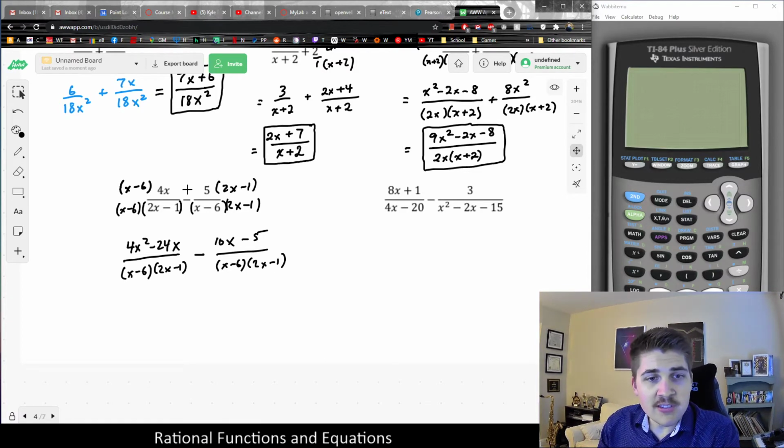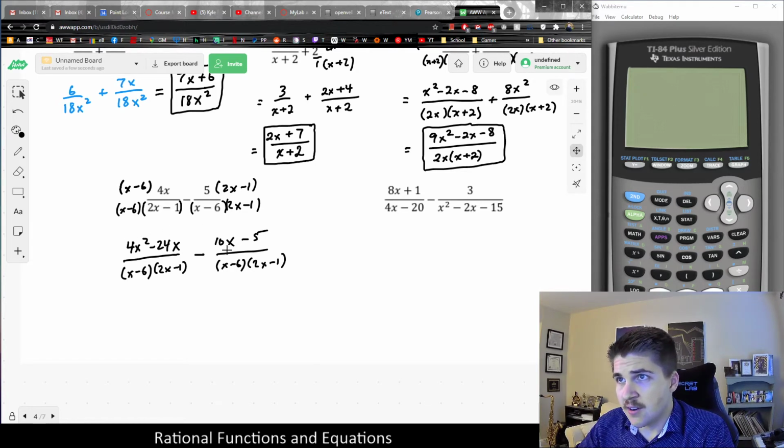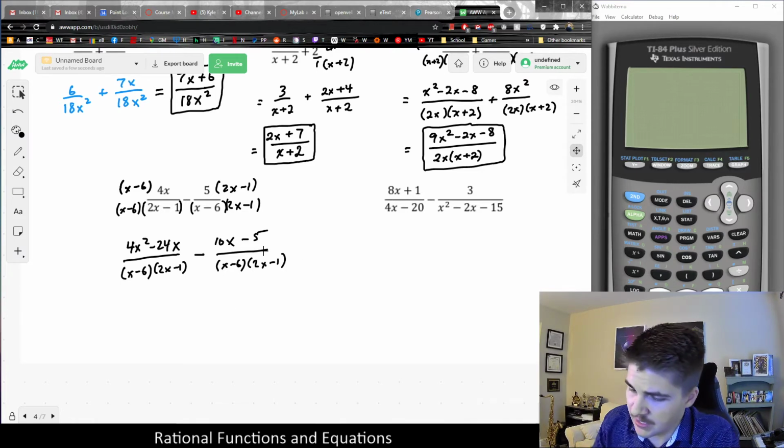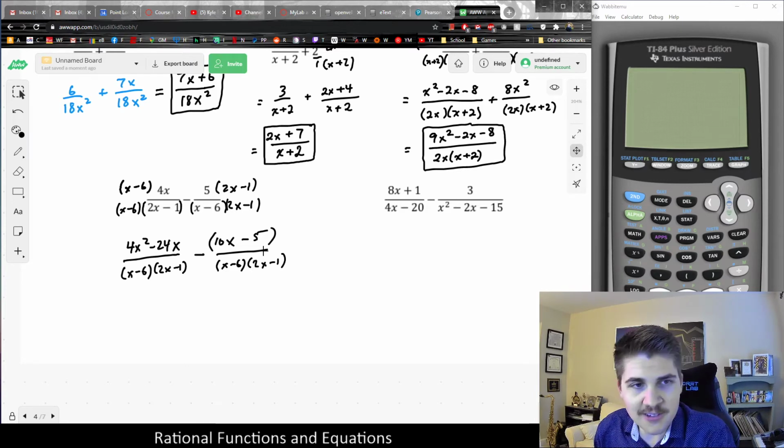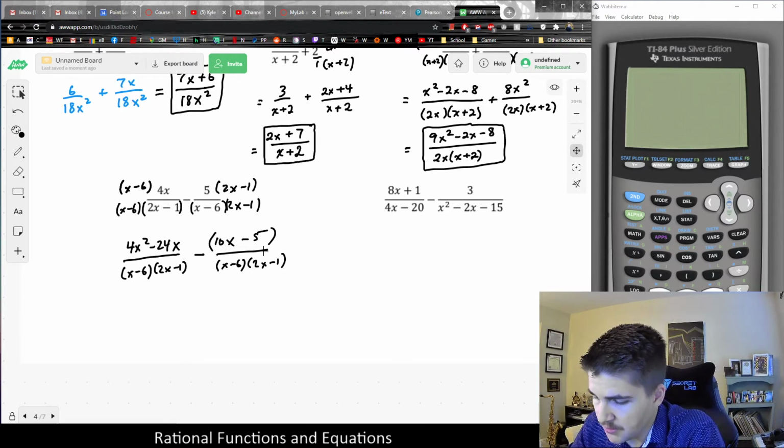Now, here's the difference: once I have a common denominator, I can now subtract across the top. But as I said when I was talking about subtracting before, I need to remember that this entire fraction is being subtracted, which really means that there's a parentheses there, or the distributive property will apply to this.